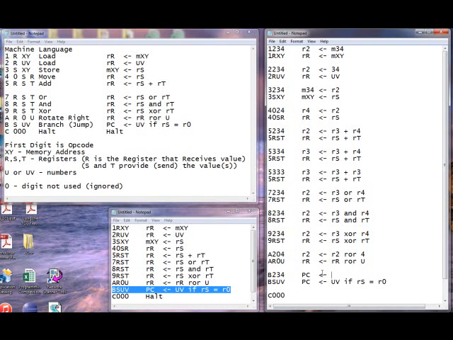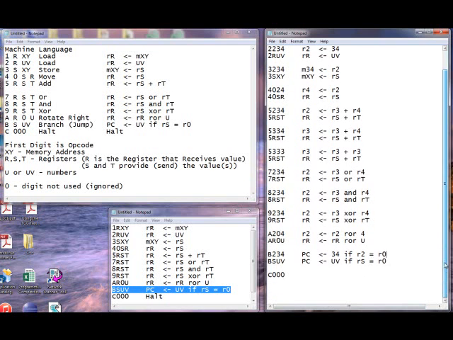In our example, it's 34, so the program counter will receive the number 34 if the register 2 that's indicated in the instruction has the same value as, and we're always comparing it to, register 0. So if these two registers, register 2 and 0, have the same value, then the program counter will become 34. If they don't have the same value, then this instruction does nothing.